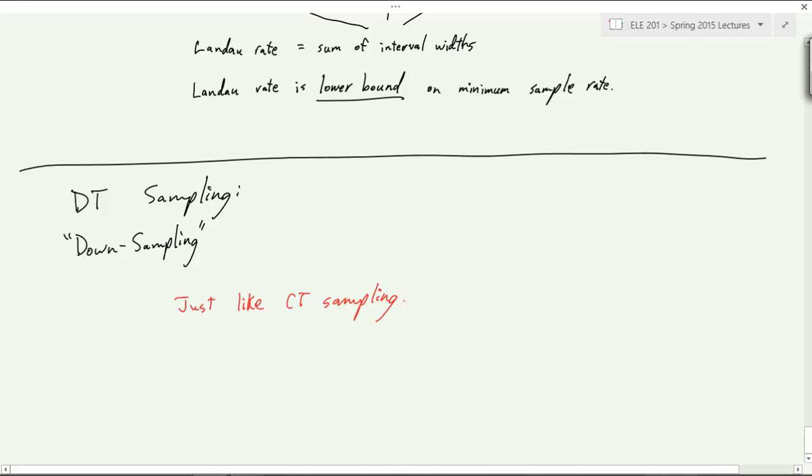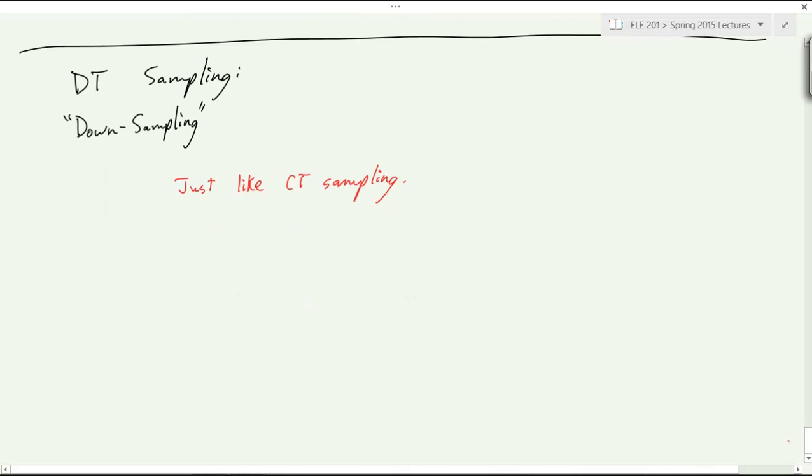Not really much different here. So for example, now you have a discrete time signal coming in, and you want to keep only, let's say you downsample by a factor of 3. So you want to end up with something, exactly, you take only every third sample, for example.